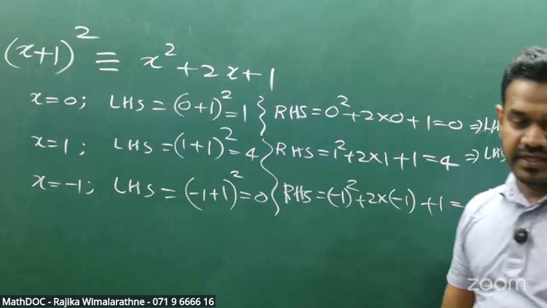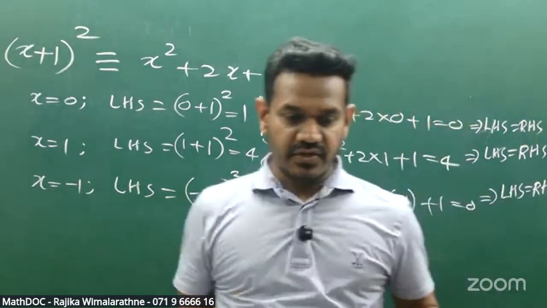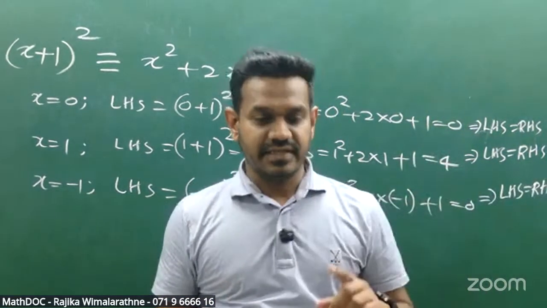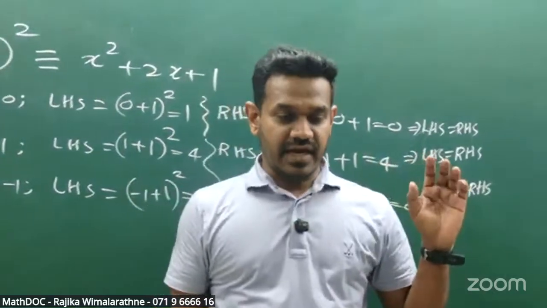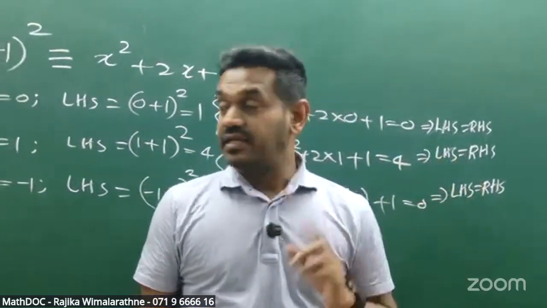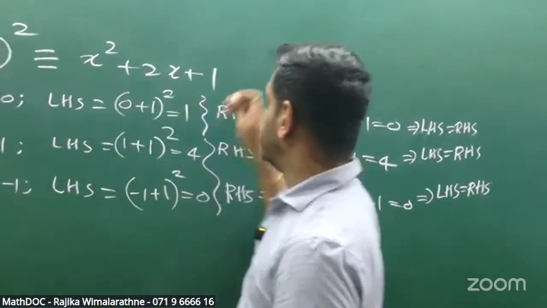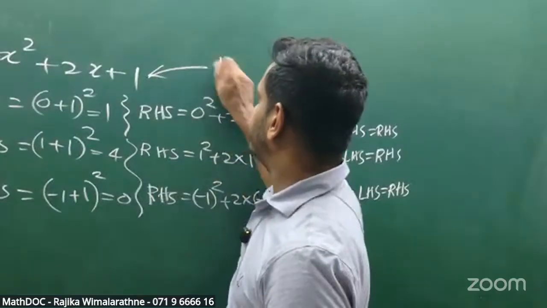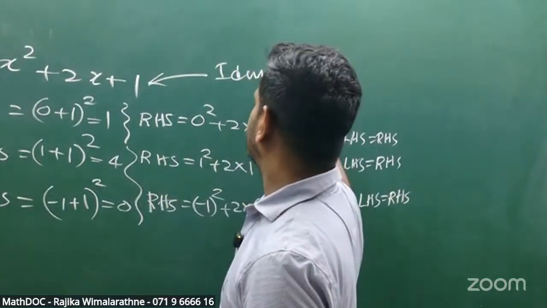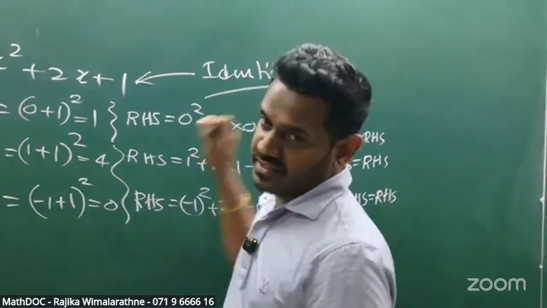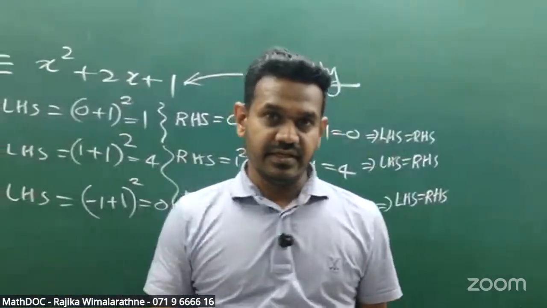Then for any value of x, we can say the left and right hand sides are the same. Here we say this expression is identical, and further we call this an identity.